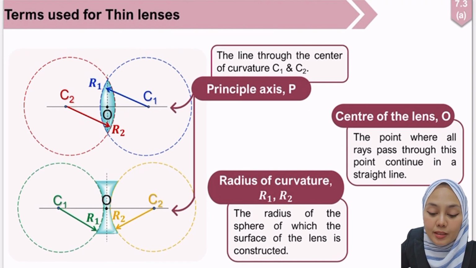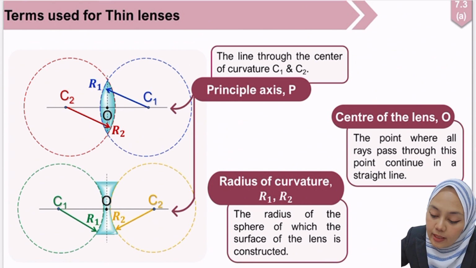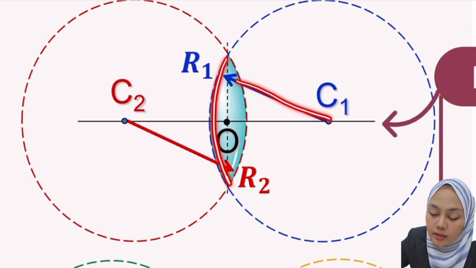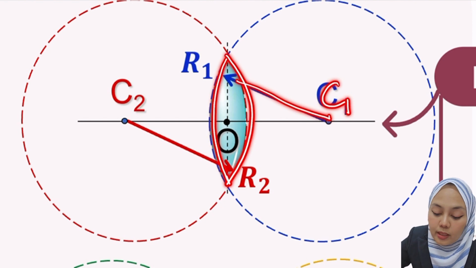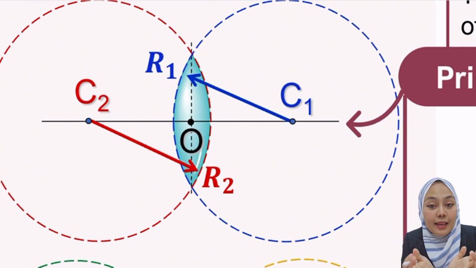Now let's take a look at the terms used in thin lenses. For a convex lens like this, we have R1 for this side, and the center is C1. For this side is R2 and the center is C2. It's basically the overlapping of two spheres. You overlap them and you get a biconvex lens.